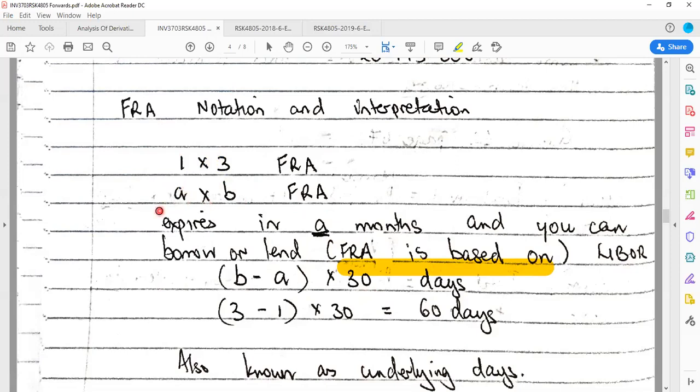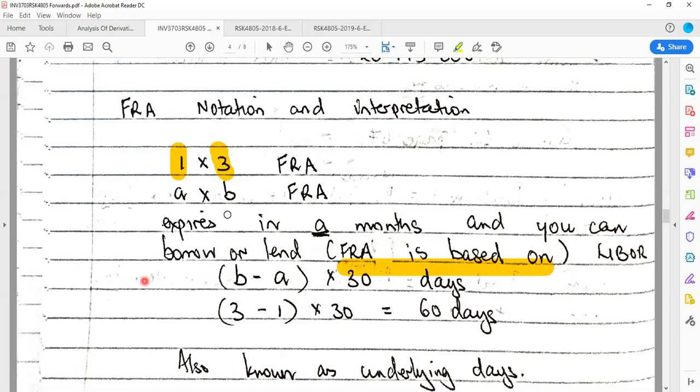The first number tells us when we can borrow or lend the money. That's when the contract is expiring. And the last number minus the first number tells us how long we can borrow or lend for in months. So 3 minus 1 means we want to enter into a contract to borrow or lend for 2 months.